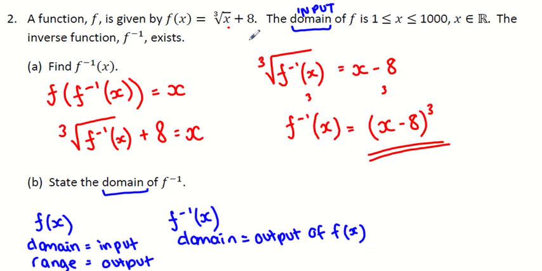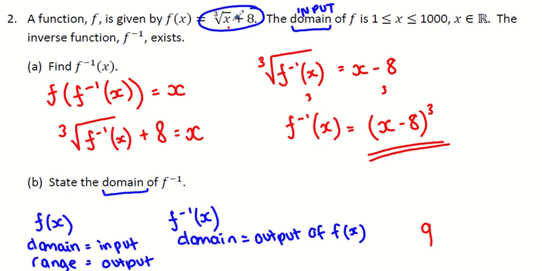So if we were to look at f of x, substitute in 1, so the cubed root of 1 is 1, 1 plus 8 is 9, and also substitute in 1000, that's where the domain lies between. It lies between 1 and 1000.